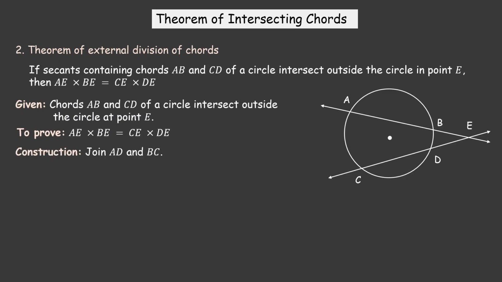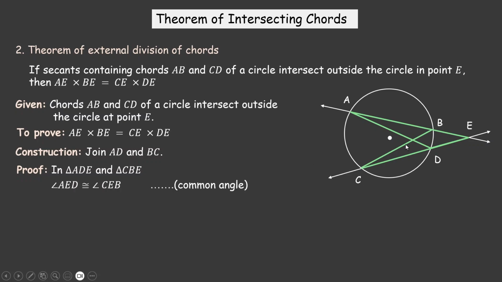Once again, we are going to do some construction. We'll join AD and BC. Now, we'll look at two triangles: triangle ADE and triangle CBE. Here, first of all, angle AED and angle CEB is a common angle, so it's equal.